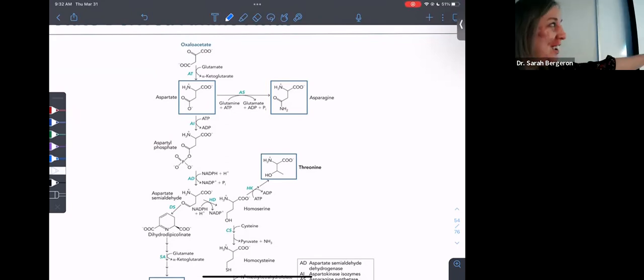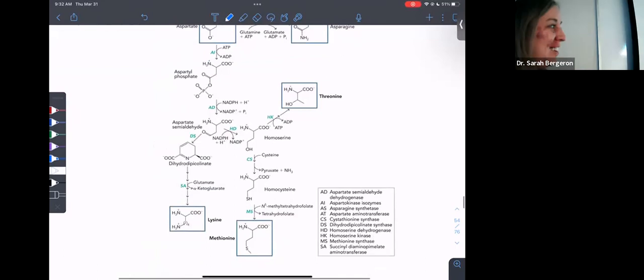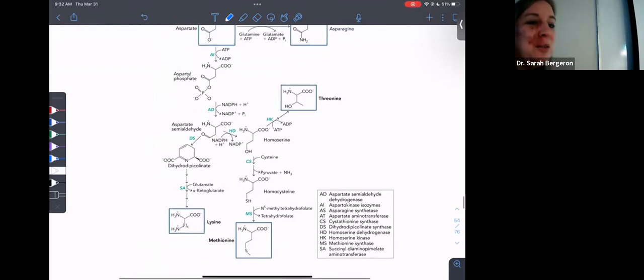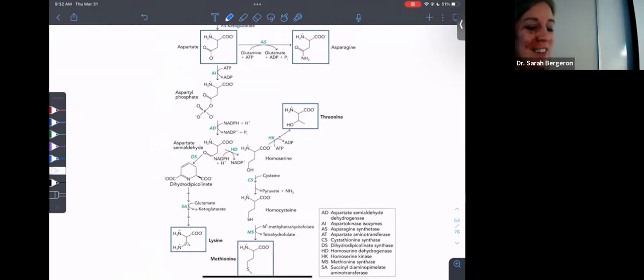So we're starting to get complicated structures. So threonine, yes. How about lysine? Yes. Methionine? Also essential. So compare the structures of threonine, lysine, methionine versus aspartate and asparagine. How many enzymes did you need to get to aspartate and asparagine? 1 or 2, right? How many did you need to get to methionine? 1, 2, 3, 4, 5, right?